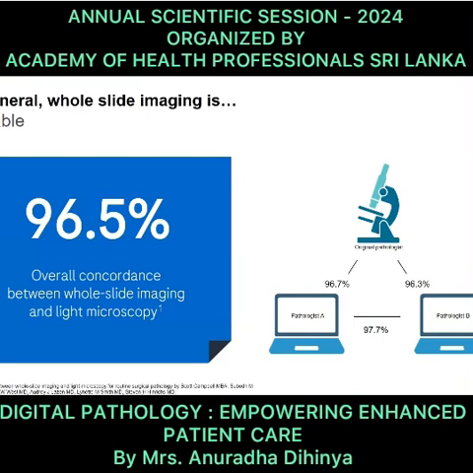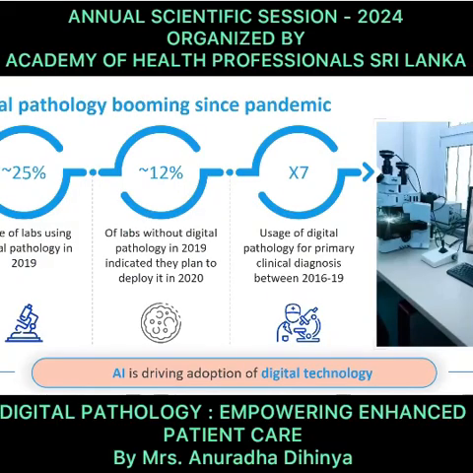In the evolving market, where digital scanners have come up and there is also FDA approval for the scanners as well as the software, the overall concordance we are now seeing is more than 97%.